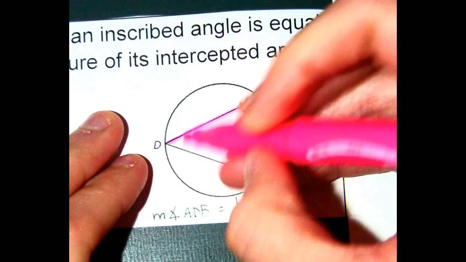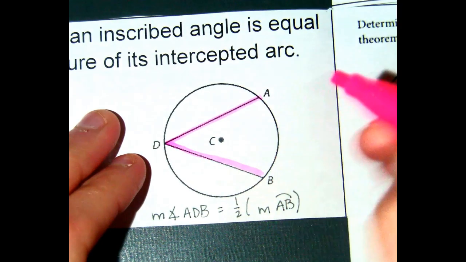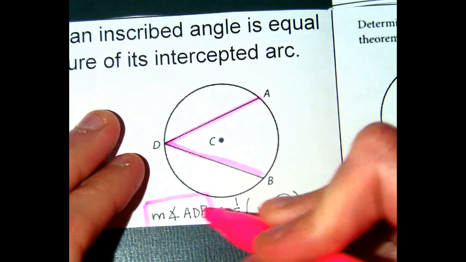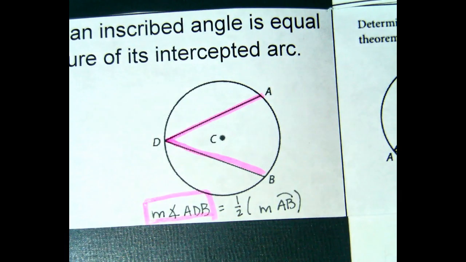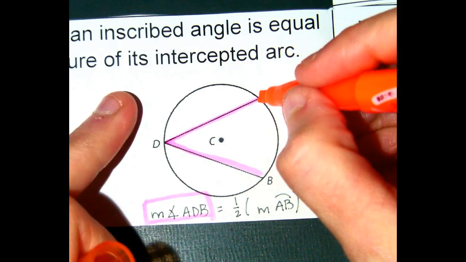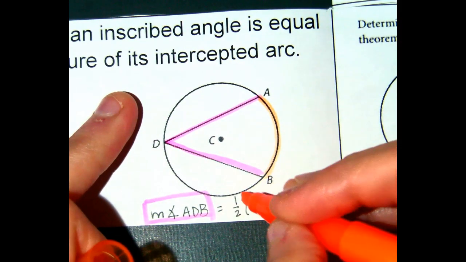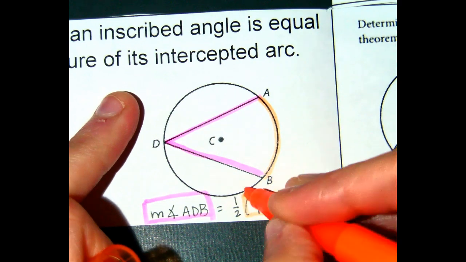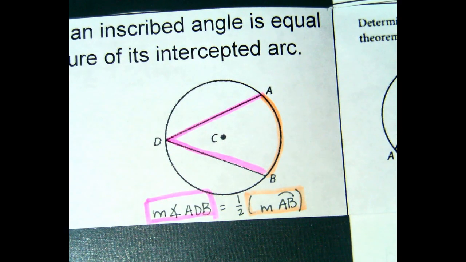So this inscribed angle is equal to half of the arc. This is a very clean picture.